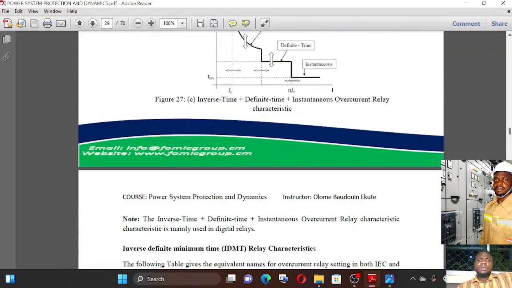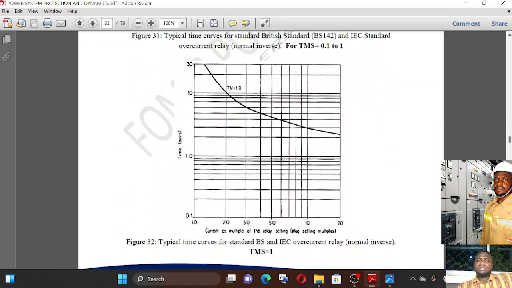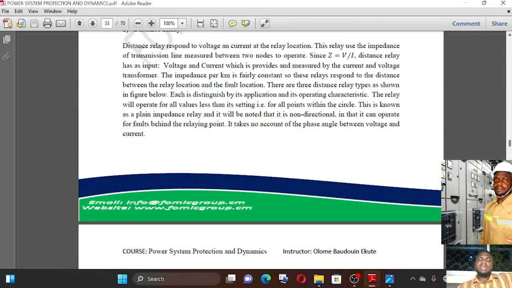Okay, so we are going to look at the distance relay. The distance relay normally uses impedance. It measures the line impedance to detect whether there is a fault or not, because the line normally has an impedance, and during a fault the impedance of the line will certainly change.